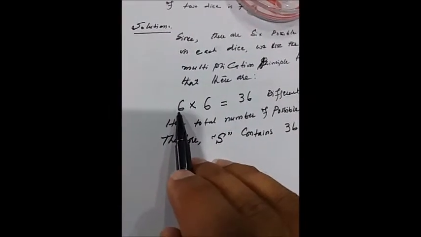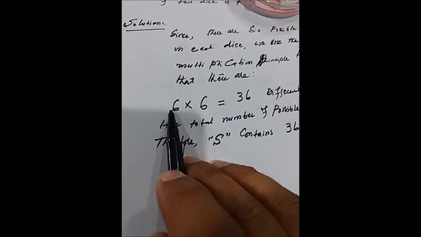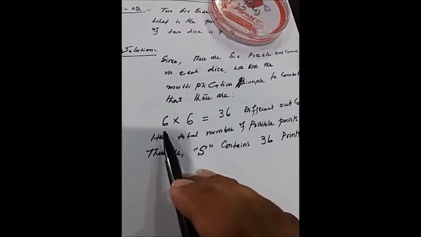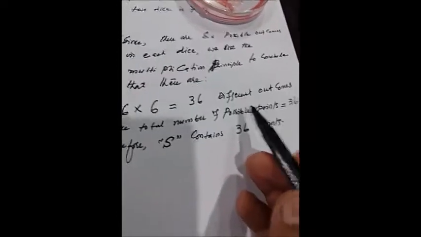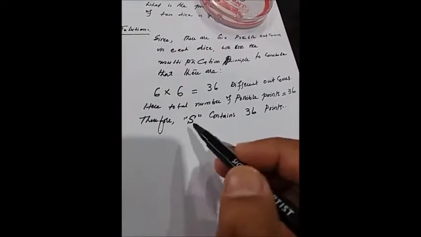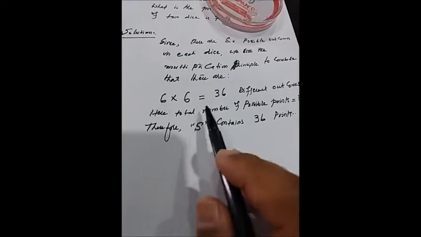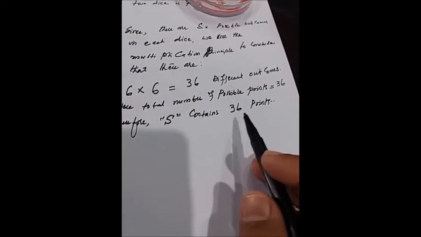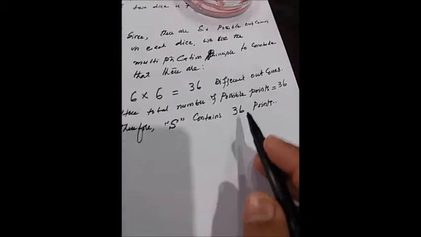Because there are 6 points of one die and 6 points of the other die. So according to the multiplication rule, 6 multiplied by 6 is 36. So a total of 36 outcomes can be observed from rolling the two dice. Therefore the sample space will be the 36 points.